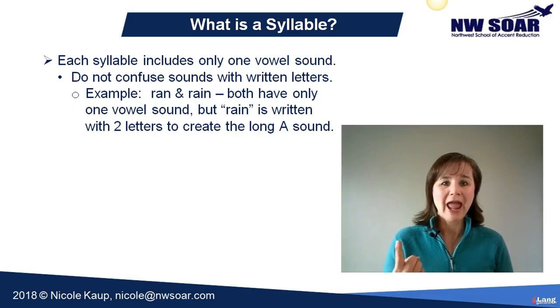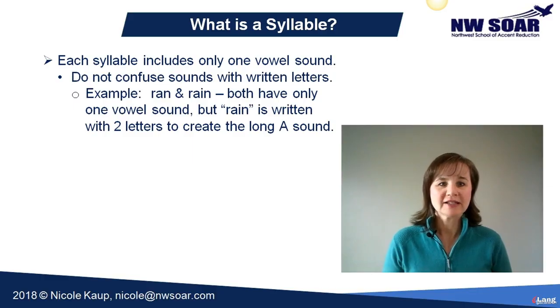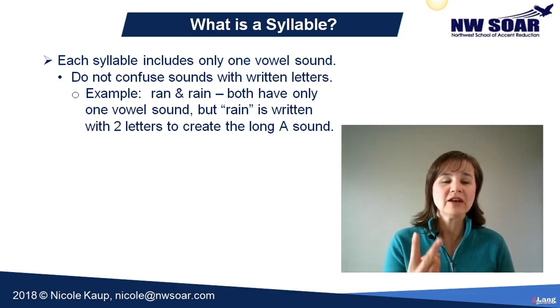The words ran and rain. Both are only one syllable words and have only one vowel sound. Ran has the a sound and it's spelled with one single a. Rain has an a sound and it's spelled ai. So you'll find that there are two written vowel letters in rain, but only one vowel sound.